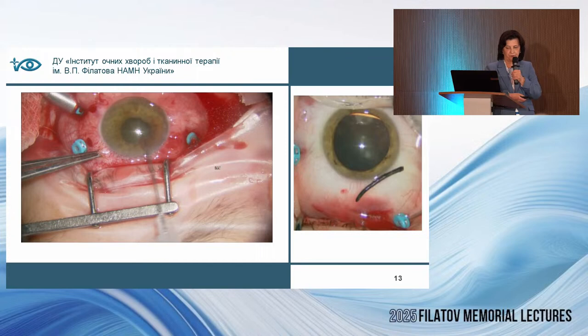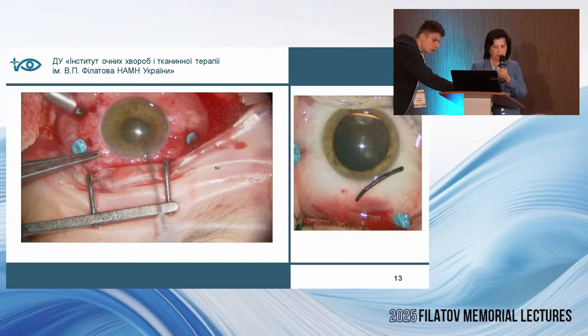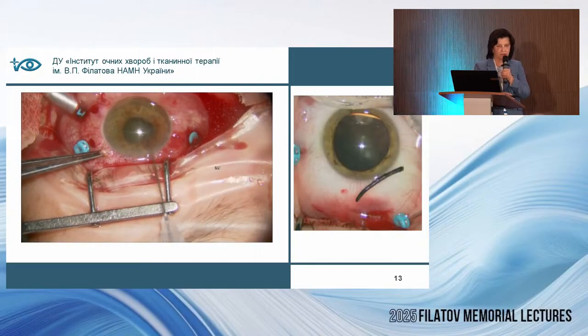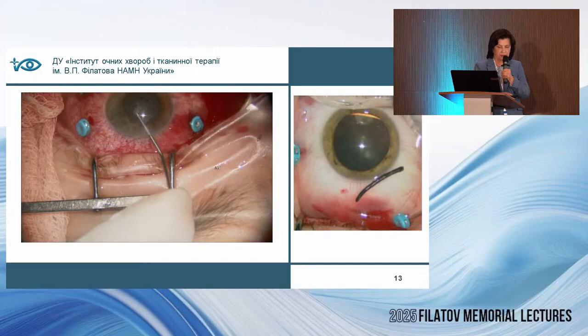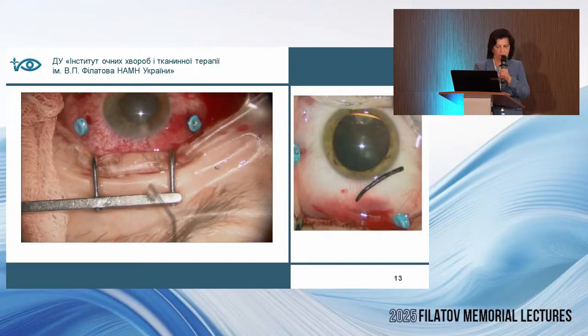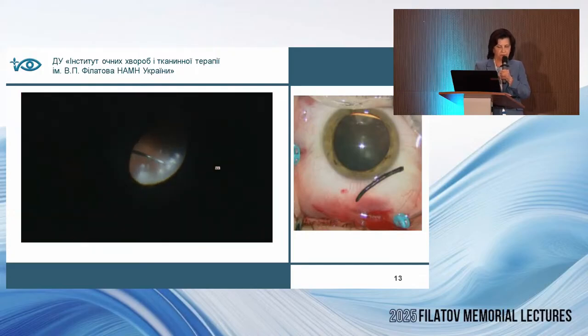The next clinical case is also endophthalmitis, starting with small clots of fibrin in the anterior chamber. This fibrin clot is removed, followed by finding the focus of endophthalmitis on the retina in the posterior part.